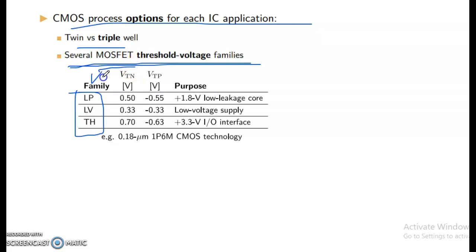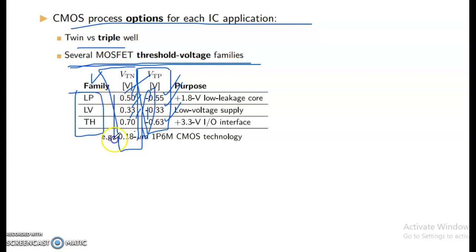VTN voltages 0.50, 0.33, 0.70, and then here VTP threshold in P: minus 0.55, minus 0.33, minus 0.63. Here in the N side threshold 0.50, 0.33, plus 0.70. Here all are negative values.